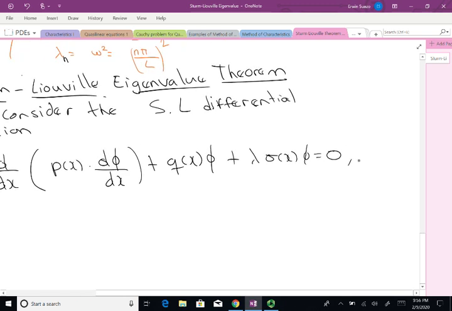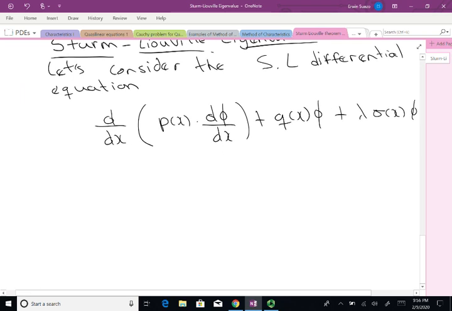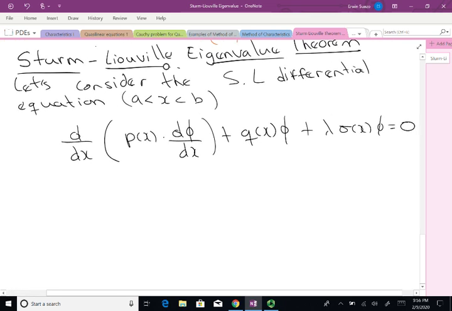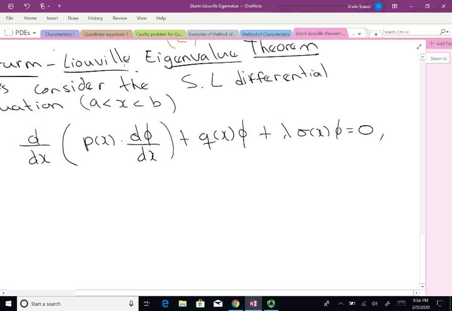And x is between a and b, okay? And this is a differential equation, so don't panic.